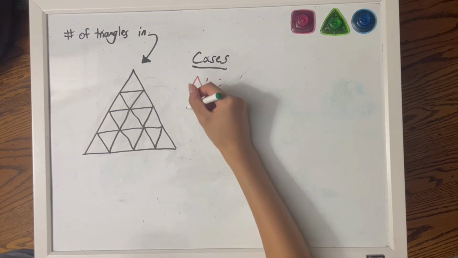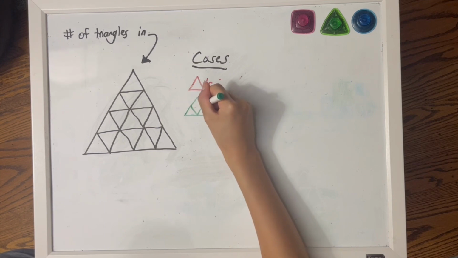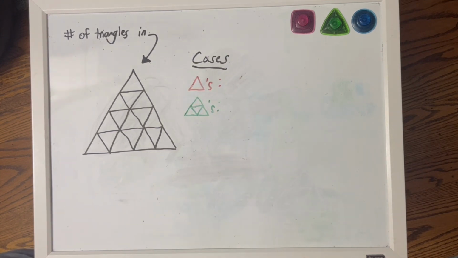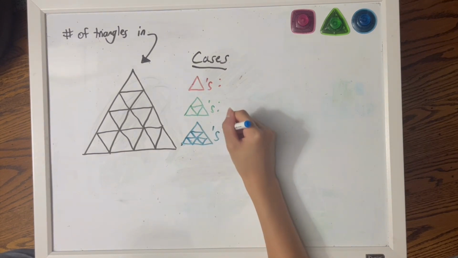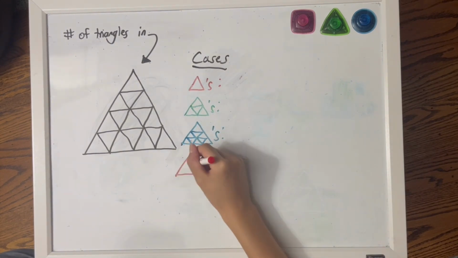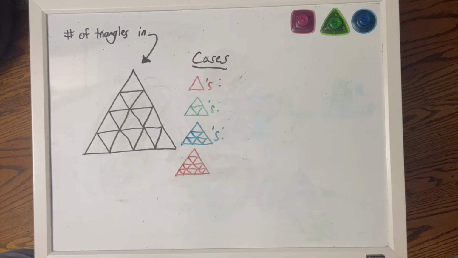There's the category of the next smallest triangle, which is made of 4 triangles. And then the next one is made of 8 triangles. And the final one is made of 16 triangles. So those will be our cases, and we'll just count the number of triangles in every case and add them up to find the total number of triangles.